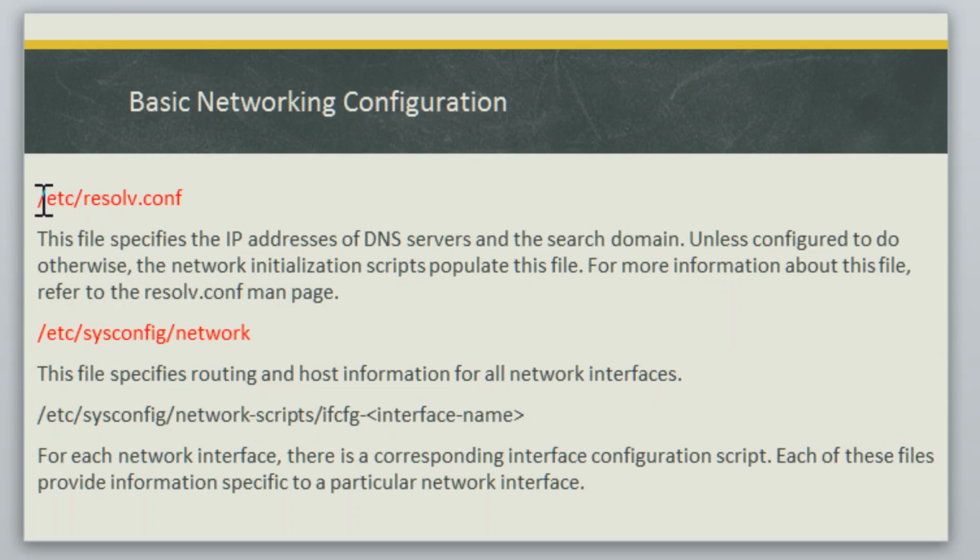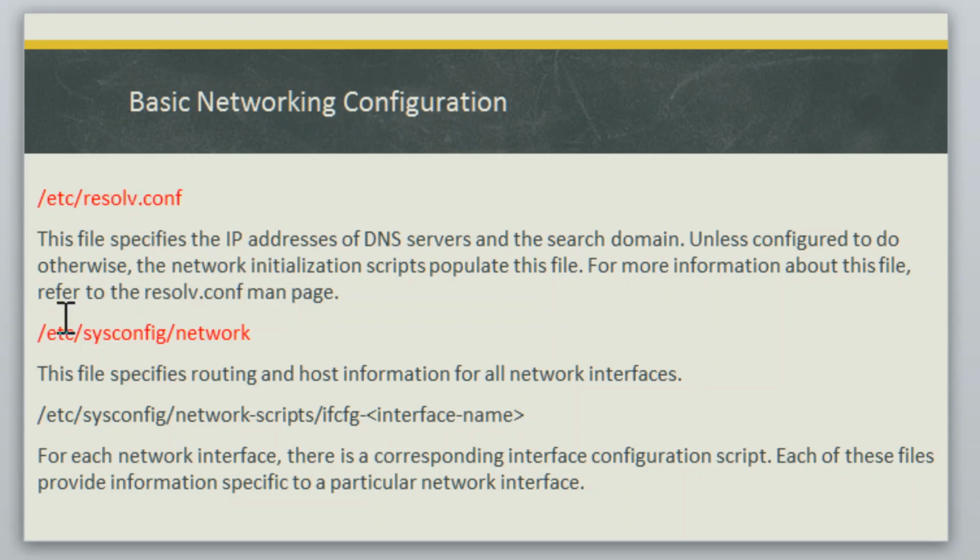The next file is /etc/resolv.conf. This file specifies the IP addresses of DNS servers and the search domain. Unless configured to do otherwise, the network initialization script populates this file. For more information about this file, refer to the man page for resolv.conf. Okay.